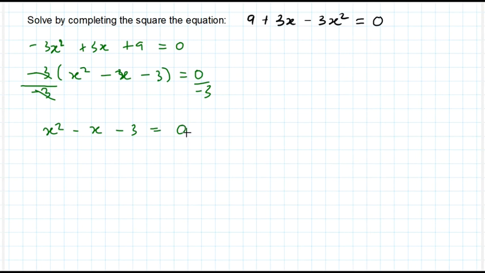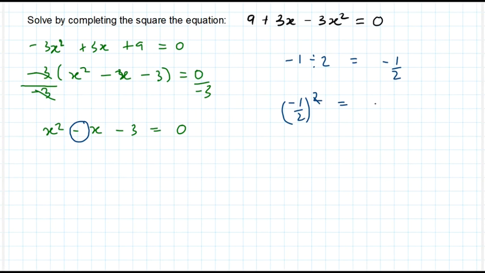We move to the next stage, which is to add more terms to our equation. First we have to divide by 2, and when we divide minus 1 by 2 we get minus half, and after dividing by 2 we have to square our result.